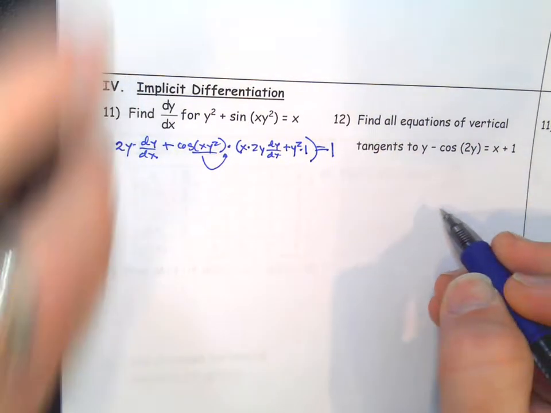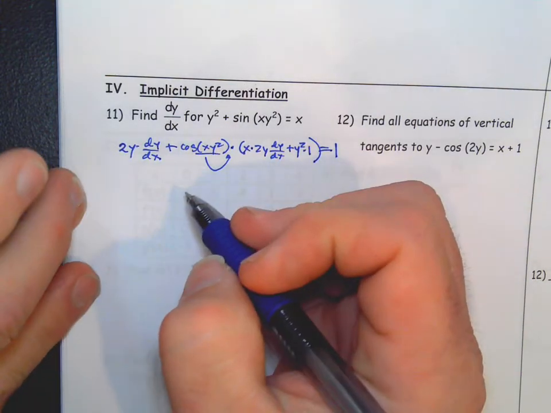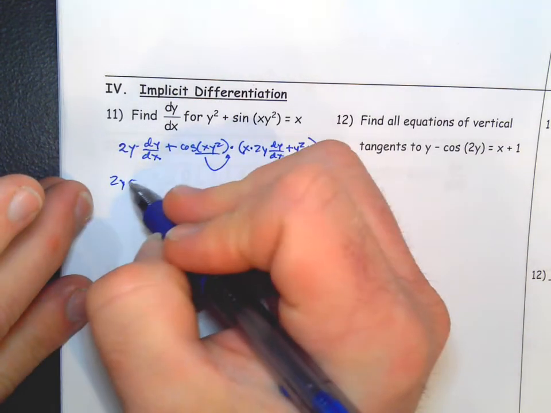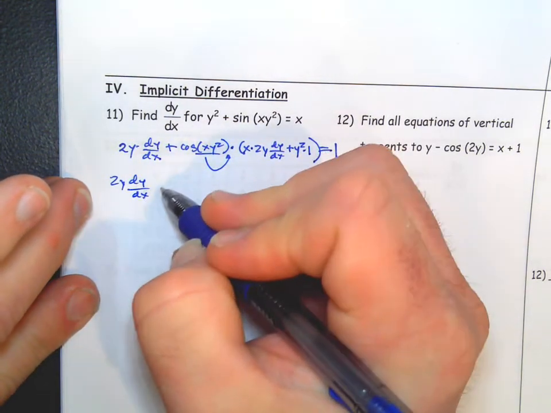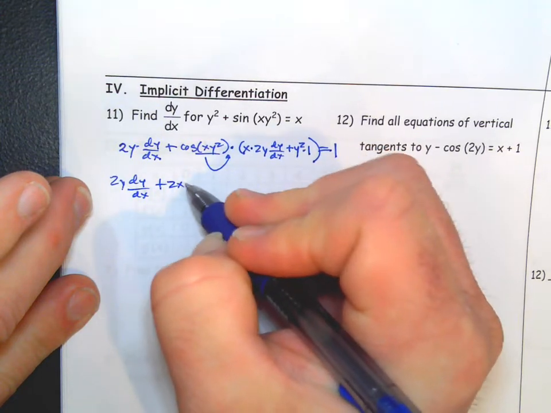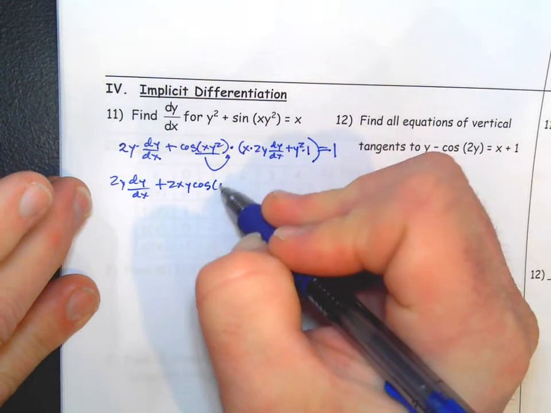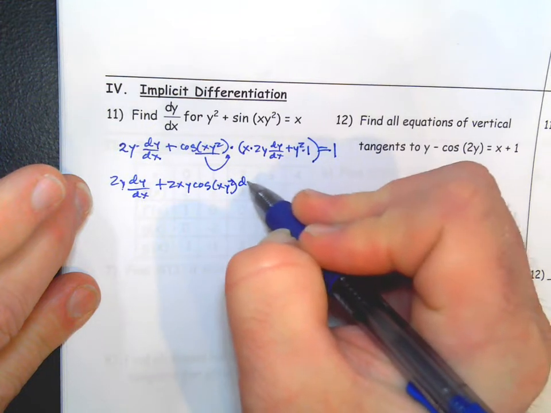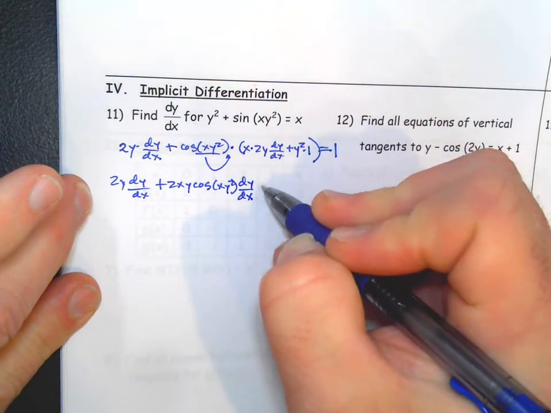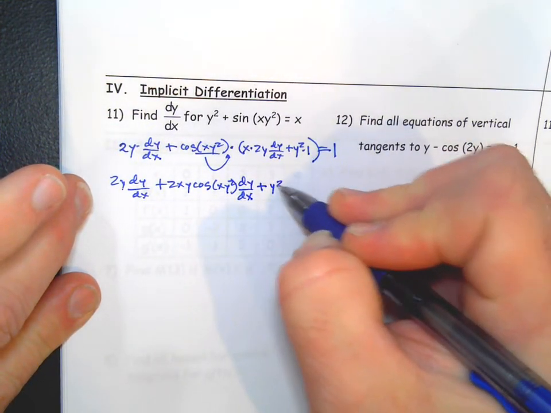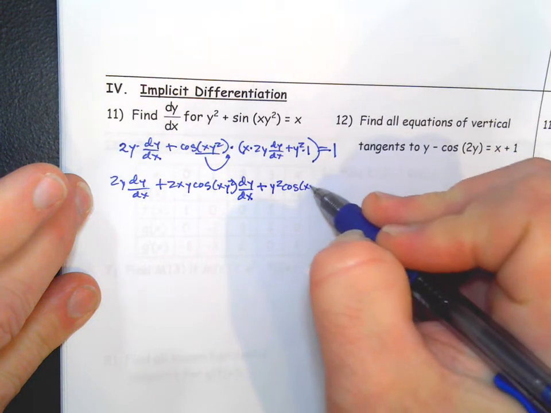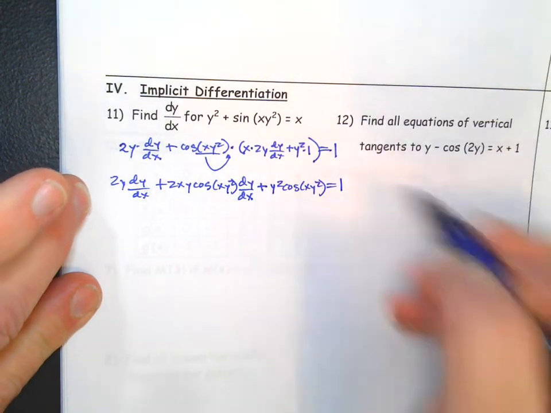So we've done the derivative. Now we just got to clean it up. 2y dy dx plus 2xy cosine xy squared dy dx plus y squared cosine xy squared equals 1.